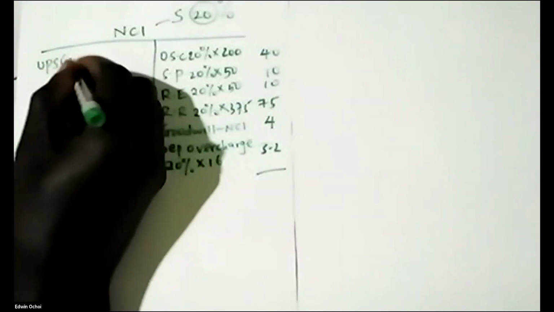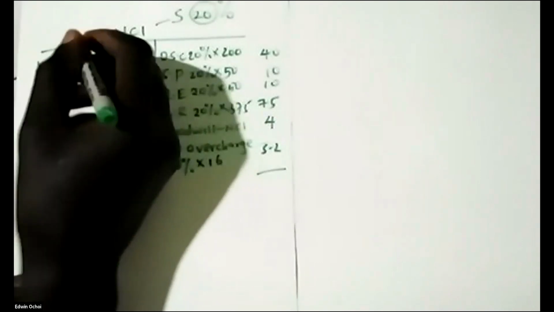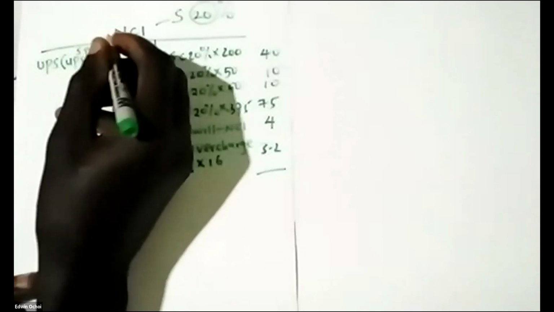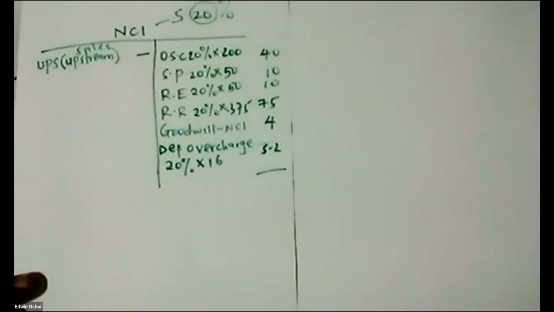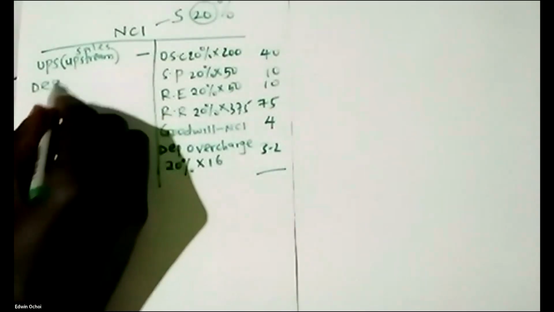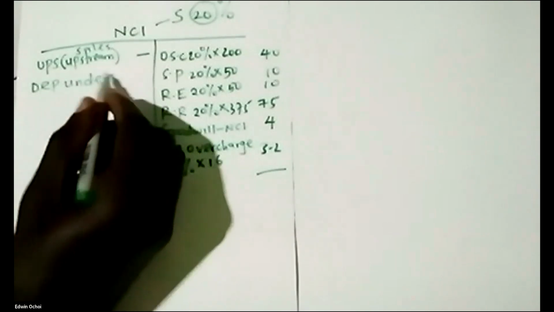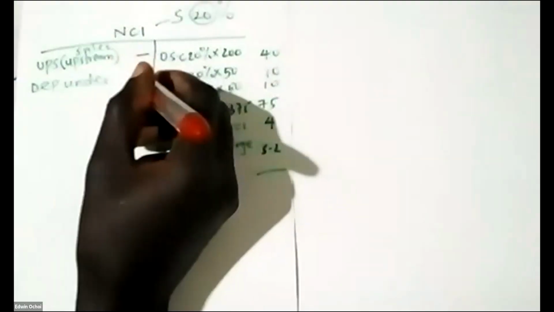But if the sale is upstream, if the sale was from a subsidiary to the parent, if the sales of goods occurred from the subsidiary to the parent, it was upstream. So including depreciation undercharge, there was no depreciation undercharge.